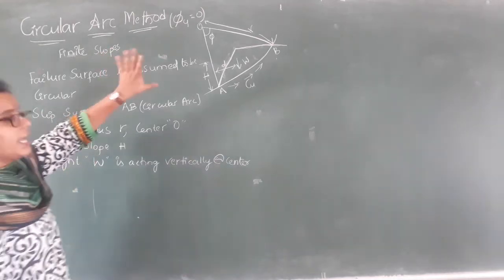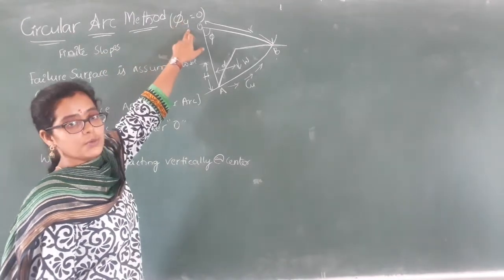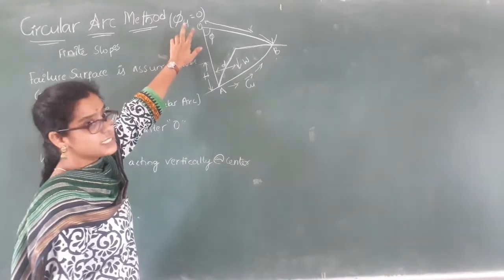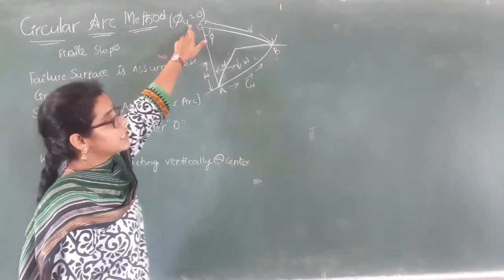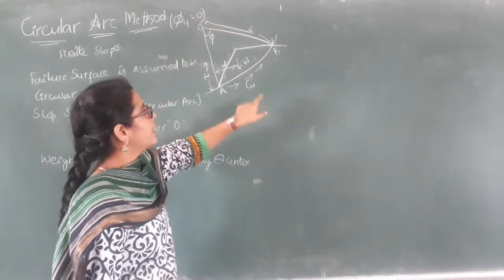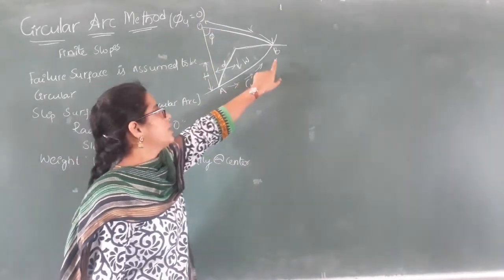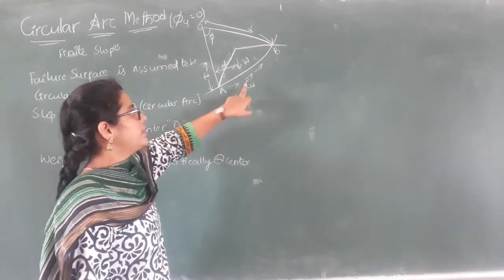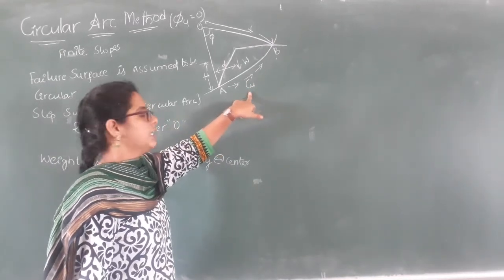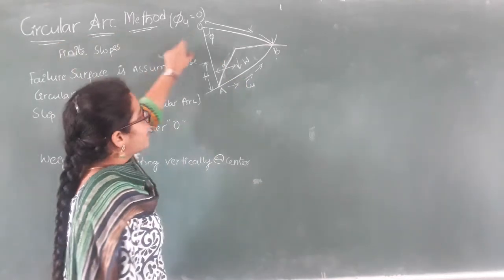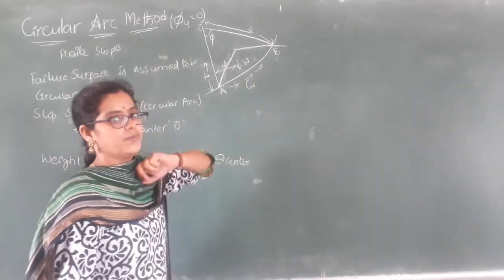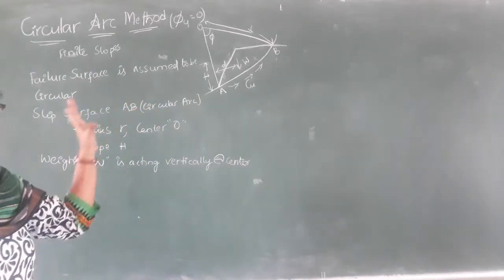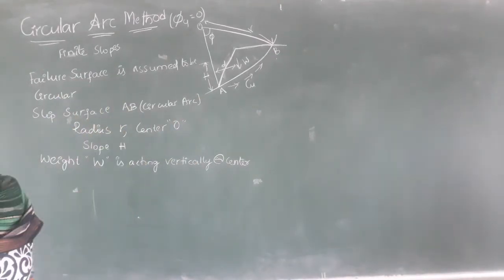Here we made phi u, the angle of shear resistance in undrained condition, to be 0, and we made the normal cohesive force C to be Cu. Normally it should be C in all the methods, but in the circular arc method we made this Cu, the undrained condition. So we are explaining the stability of a slope in the undrained condition.